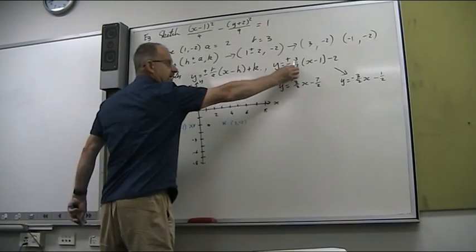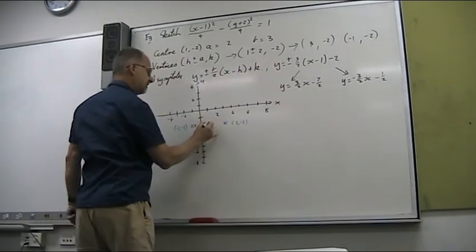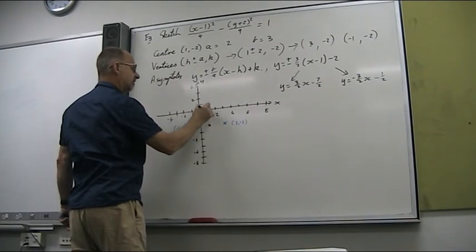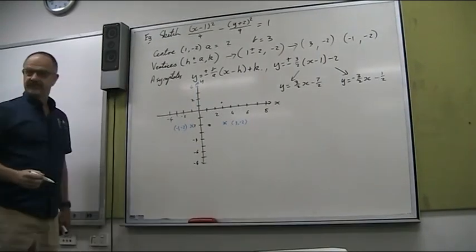If we've got a gradient of 3 over 2, a rise of 3 and a run of 2, we go up 1, 2, 3 and across 1, 2 to there.